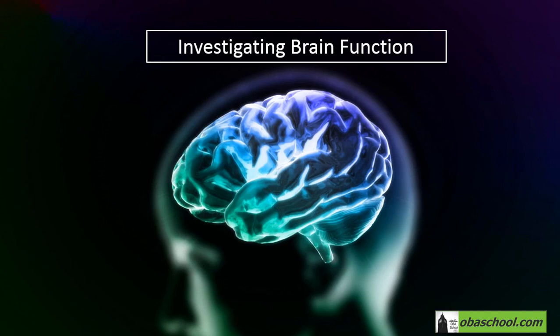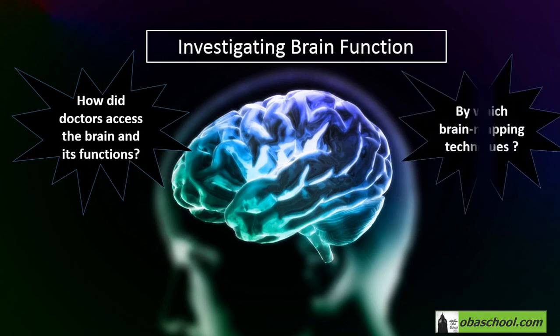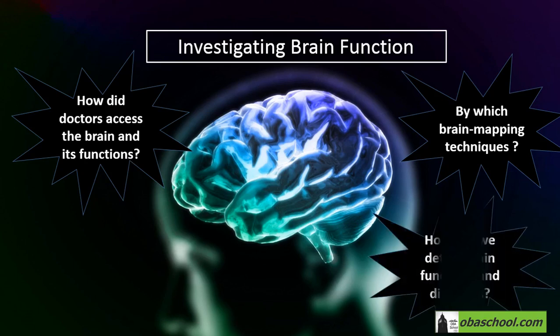In this tutorial, we are going to study how scientists erased all the difficulties to access the brain and its functions. So, this tutorial will highlight the different brain mapping techniques used to investigate the brain function and detect the abnormalities and disorders of the brain.